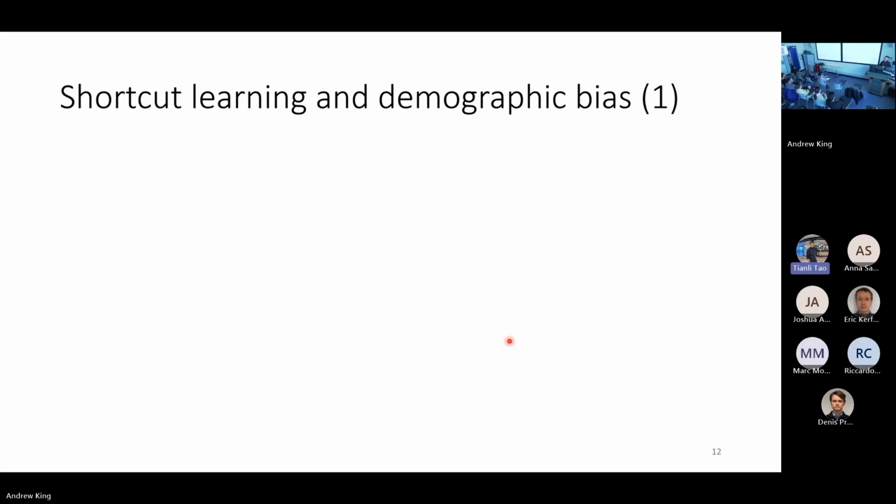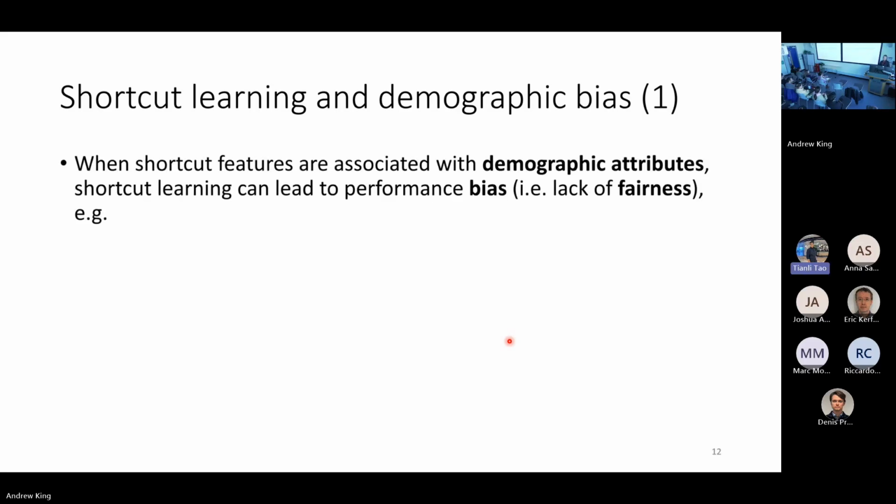Okay, so those are examples of shortcut learning in general. I want to say a little bit about the relationship between shortcut learning and demographic bias. So kind of in parallel to the shortcut learning literature, there's been a whole bunch of literature looking at fairness of AI. So by fairness or bias, I mean just different levels of performance for different demographic groups. So you might have a disease diagnosis model and it works better for men than for women because it saw more men in the training data.